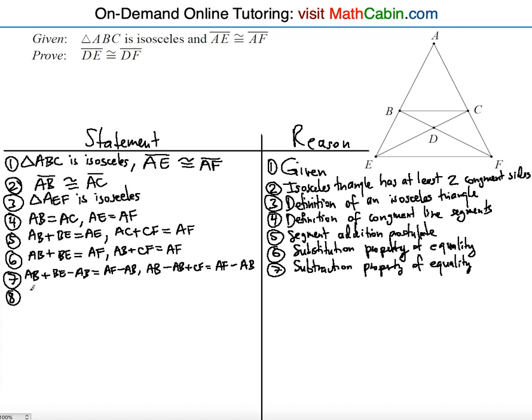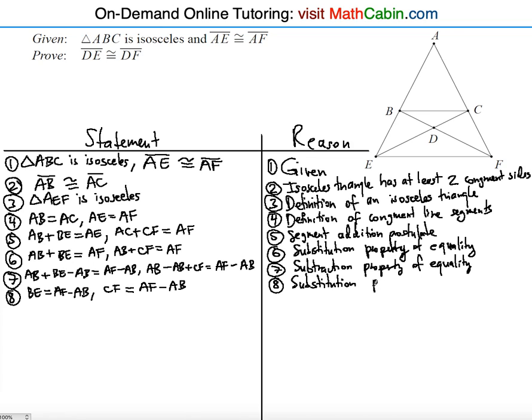Right? So now we're going to isolate BE. So BE, as a result, is equal to AF minus AB, and then here CF is going to be set respectively to AF minus AB. And notice this does something really beautiful. And this is substitution, right? Because we substituted AB minus AB is 0. 0 plus BE is BE, right? So this is a substitution step that we've carried.